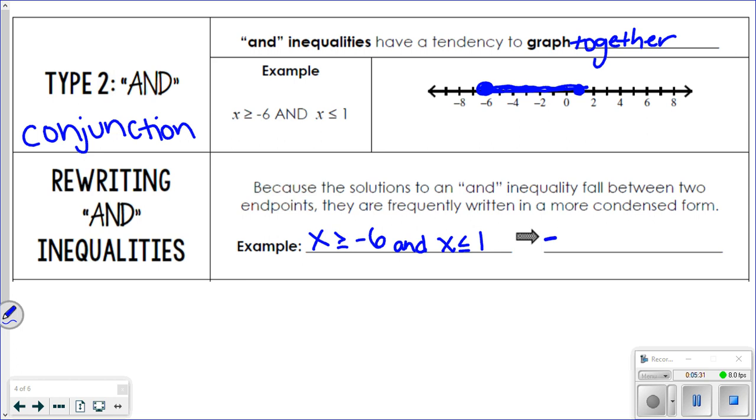So we're going to write that first. My highest number is 1, my maximum. We want all numbers in between those two, so we're going to put an x in between. And x was greater than or equal to -6 and less than or equal to 1. So that's one big conjunction compound inequality written together.